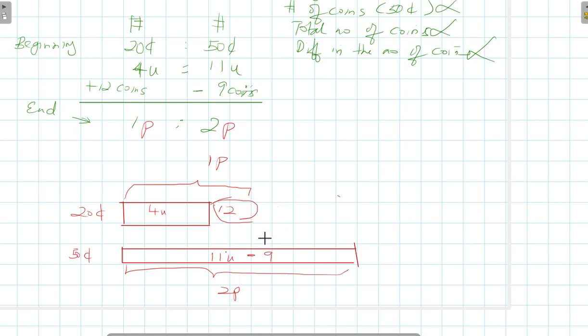So I want to make things easier. I just make the parts the same. If I make the parts the same, here times 2, here times 2, and here times 2. And then I will have a new drawing. Correct?